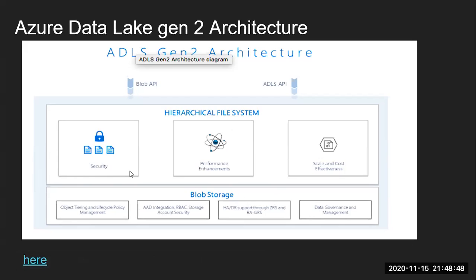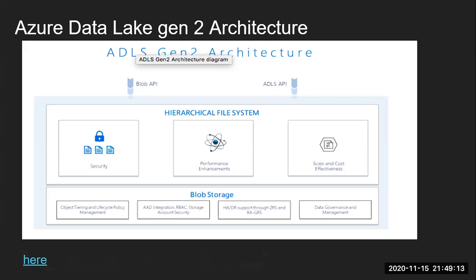And upon that, we have the hierarchical file system. The hierarchical file system is basically like HDFS, the Hadoop file system, or like the file system in your Linux. It is hierarchical, so that is where the name comes from. Along with the file system, you have the security, the performance enhancements, and the scale and cost effectiveness.